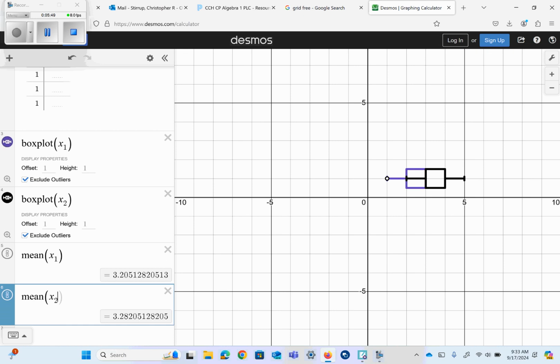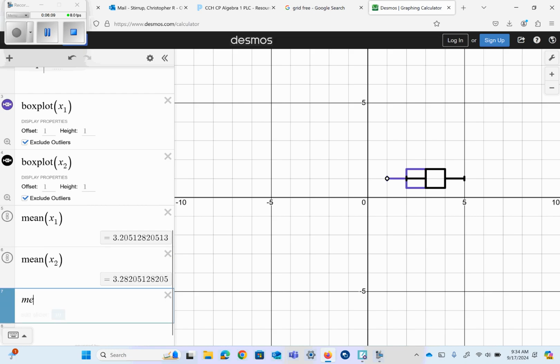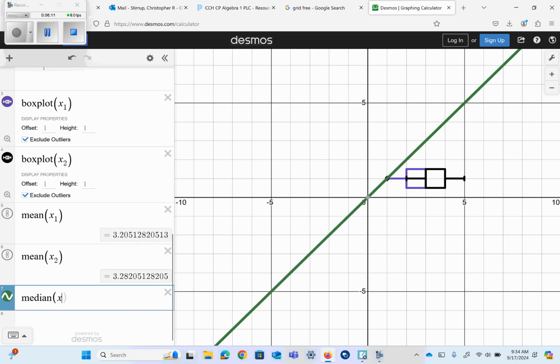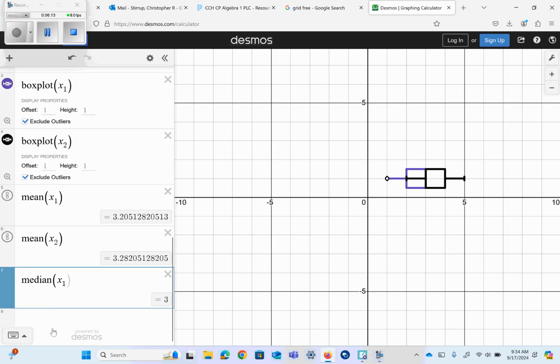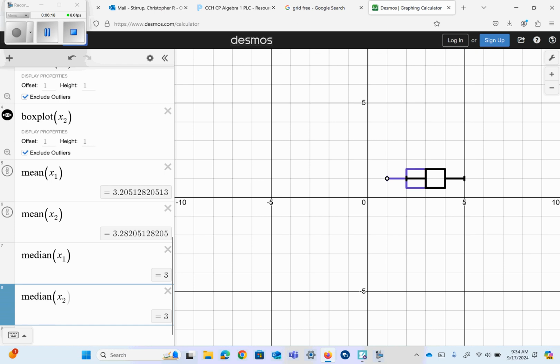Find the median of each. Did they ask us to find the mean? Oh, okay, so I answered number 3. Washington has a 3.20 or 3.21 average, and Lincoln has a 3.28 average. And if we take a look at the median score, median of X1, median of X2, they have the exact same median, which our picture shows.